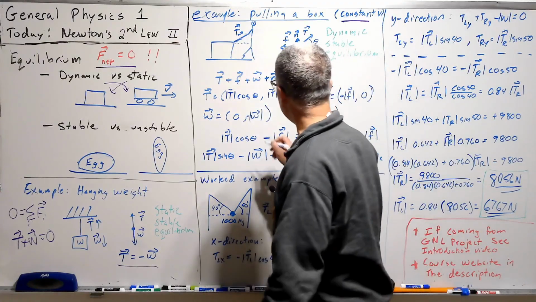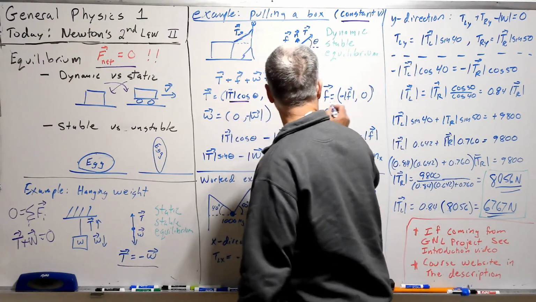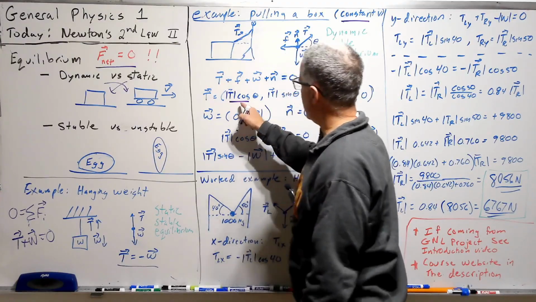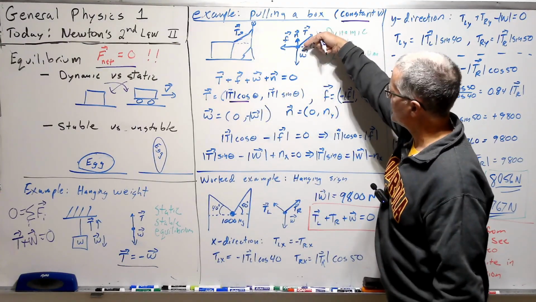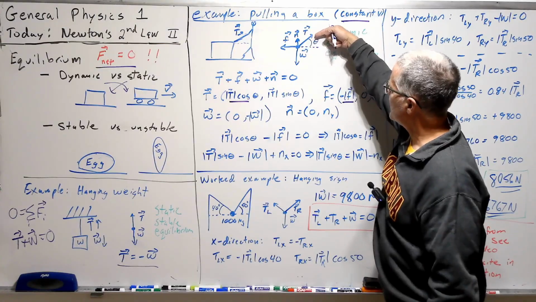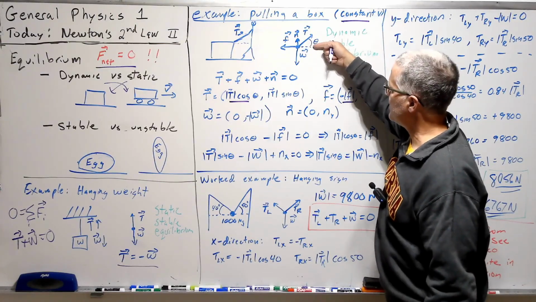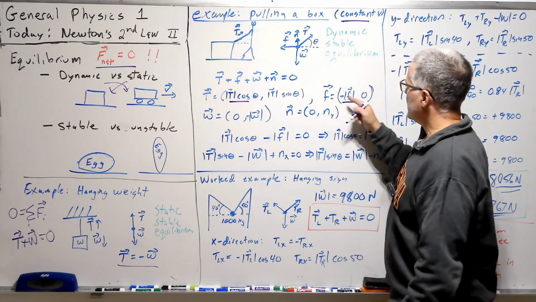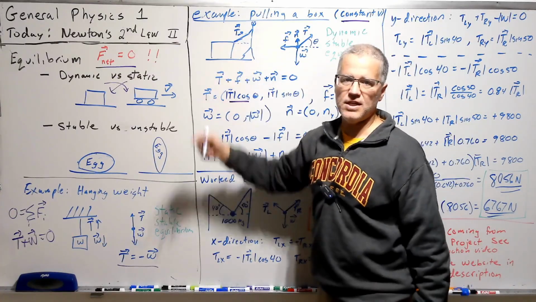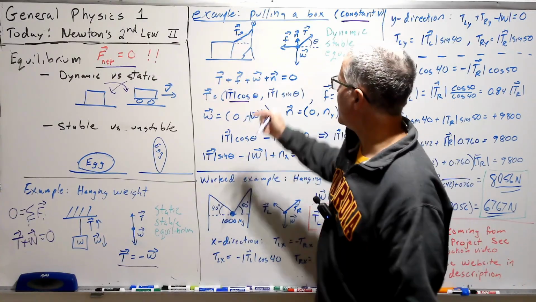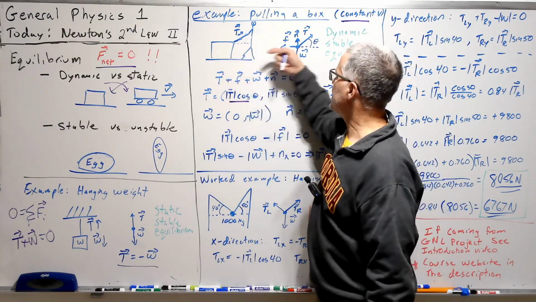So the x components, I'll underline those, are going to be cosine of the angle times the total tension. That'll be pointing in the x direction. The friction is always going to be a tangent force to the surface here, and it's always opposing motion.